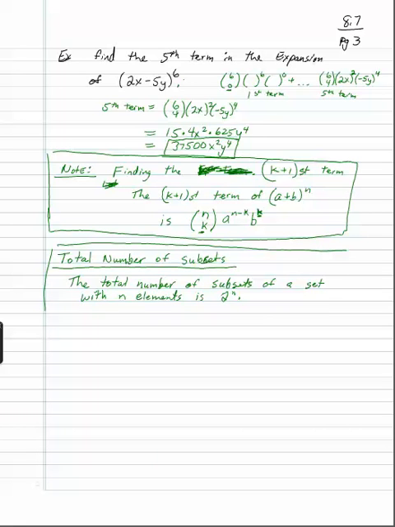Okay, and then the last thing in this section is total number of subsets. The total number of subsets of a set with n elements is just 2 to the n. And they give a nice little proof of that. So if you had a set with n elements, the total number of subsets is n choose 0 plus n choose 1.